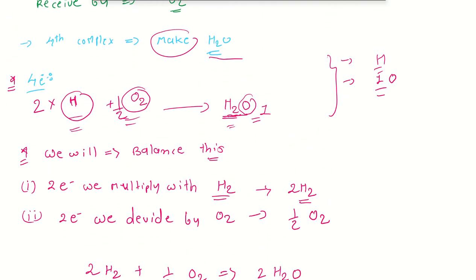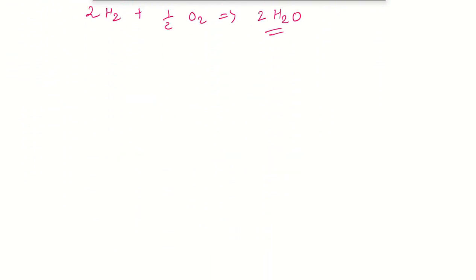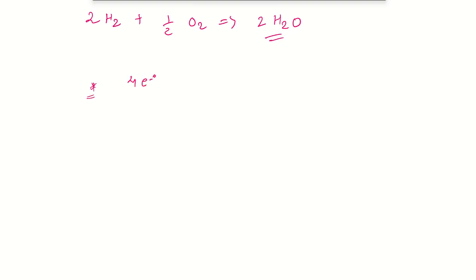One more time I will explain now. So how will it look in the fourth step? Four electrons we have, and we want to form H2O. But we have one H and we have two oxygen. So how will we produce H2O?